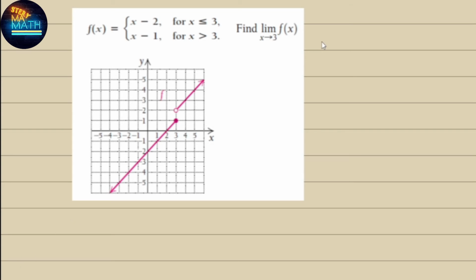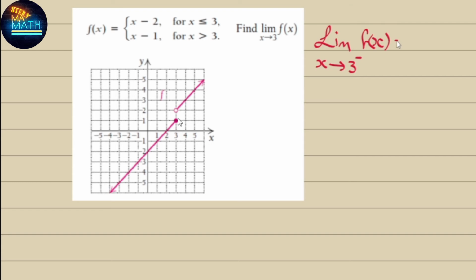Let's start with the limit from the left. The limit as x approaches 3 from the left of f(x). Here, as x approaches 3 from the left, we want to trace the function. You will see that the function is 1. So the limit as x approaches 3 from the left is equal to 1.